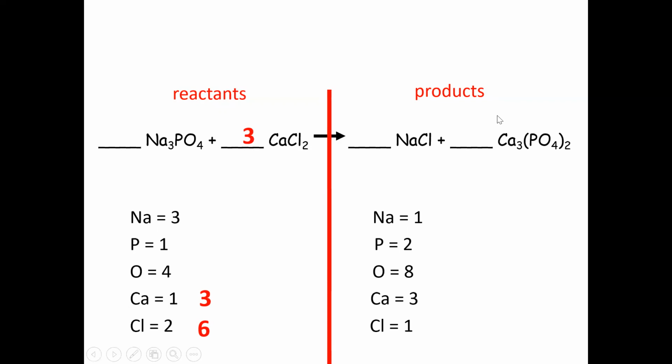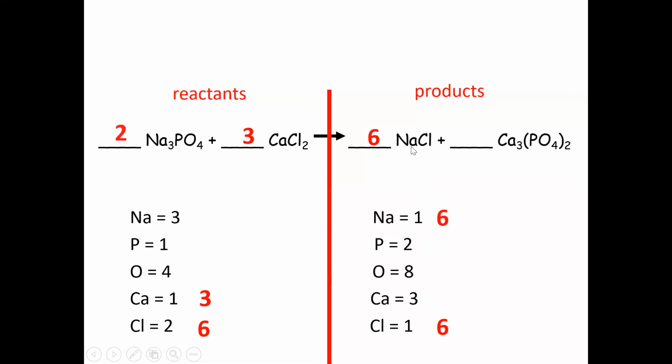Now, to increase your number of chlorines to 6 on that side, you would put 6 in front of sodium chloride. That means you now have 6 chlorines on that side. But that also means that you have 6 sodiums on that side.